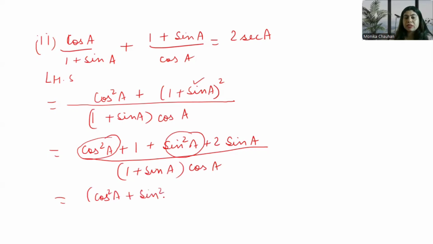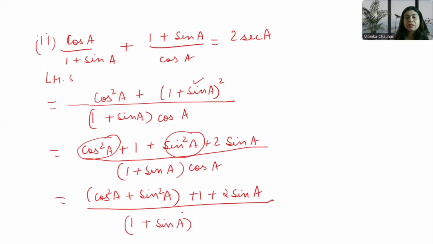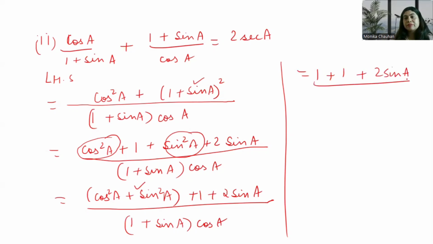So I'm writing it together: 1 plus 1 plus 2 sine A upon 1 plus sine A cos A. So now this particular part will become 1, 1 plus 1 plus 2 sine A upon 1 plus sine A cos A.